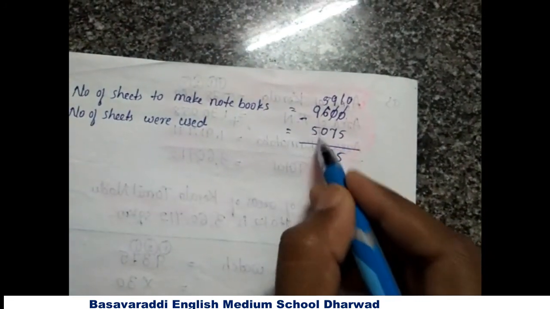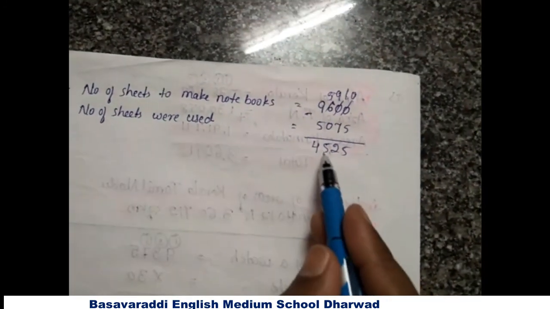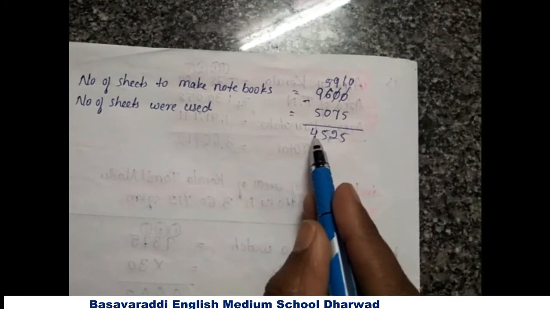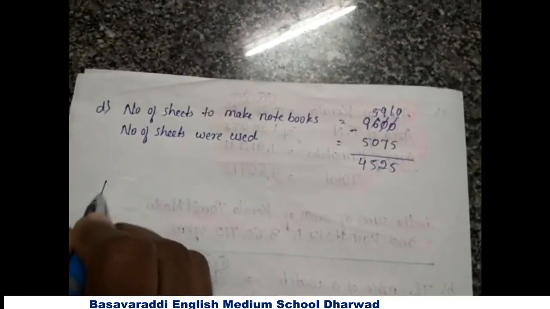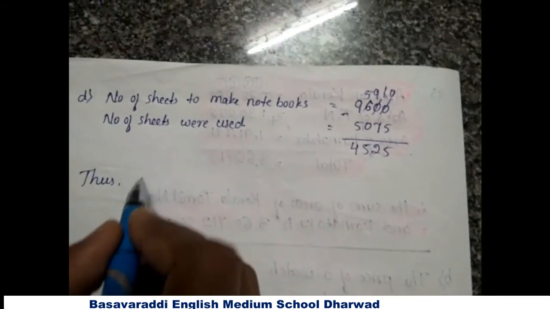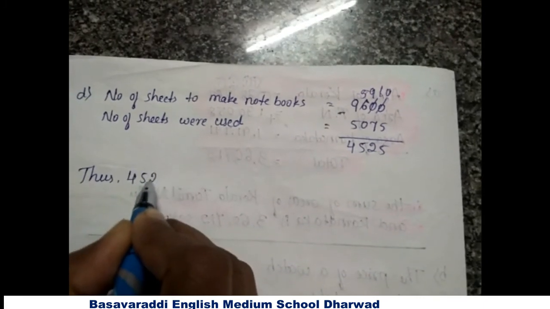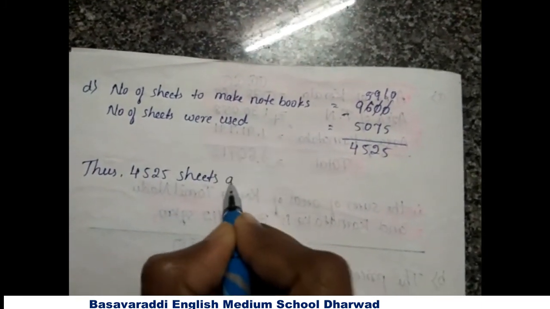So 9 minus 5 is 4. Yes, how many pages were left? The 4525. Is right. The last sentence, thus 4525 sheets are left over.